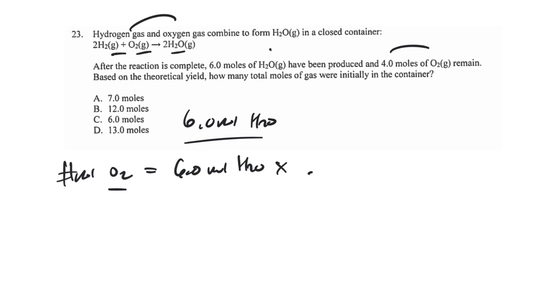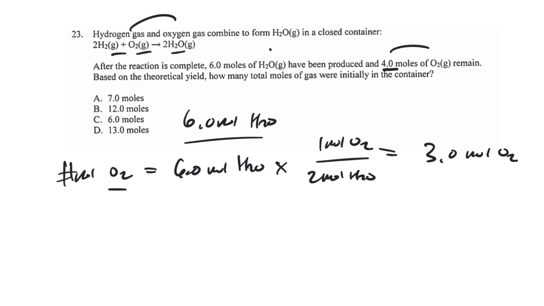For every 2 moles of water that form, we had to consume 1 mole of O2. So that means that 3 moles of O2 were consumed during the course of the reaction. And so that has to mean that we initially had 7. Because if we had 7 moles of O2, we lost the 3 that react, we then have the 4 moles that are left over after the reaction is completed.